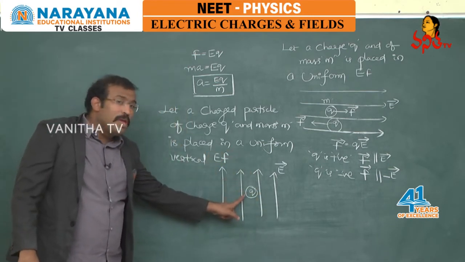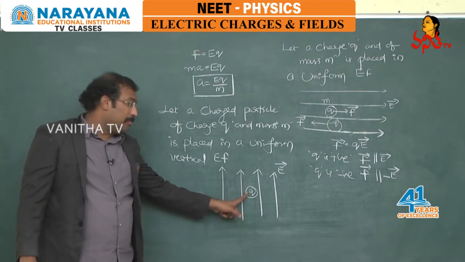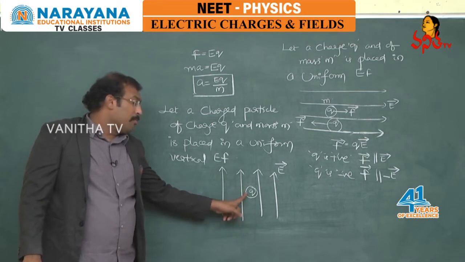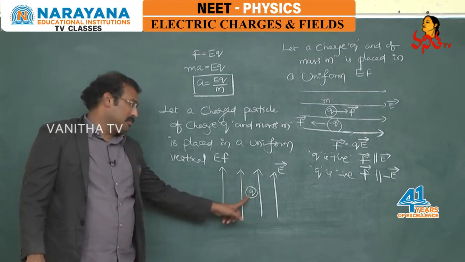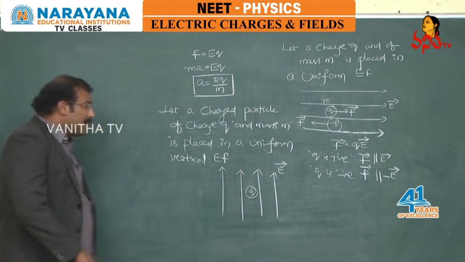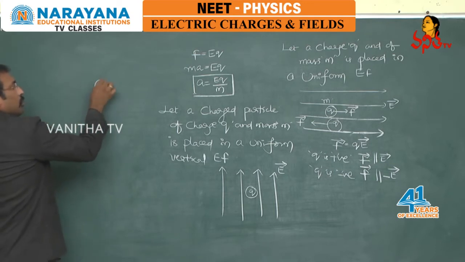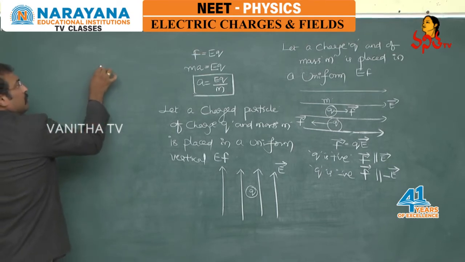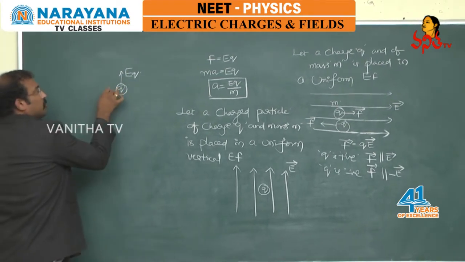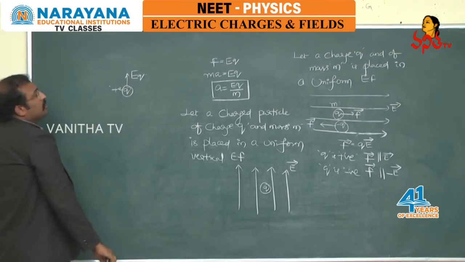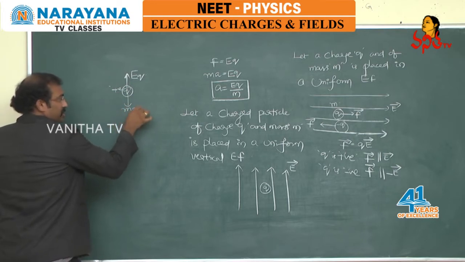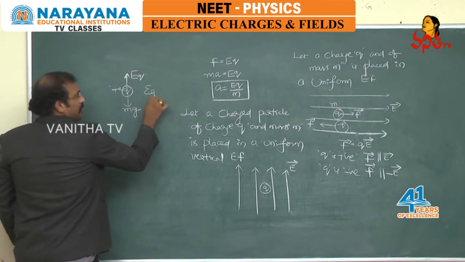For the particle to be at rest, let us see how to find the number of electrons or protons present in this charged body. The force experienced by it is EQ, if it is taken as a positive charge. EQ will balance the weight for the charge to be in equilibrium.